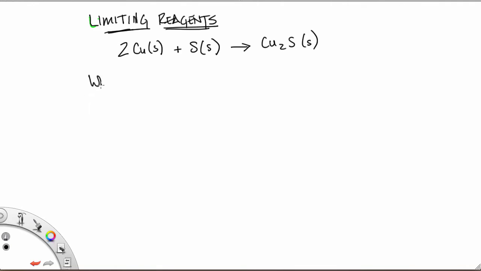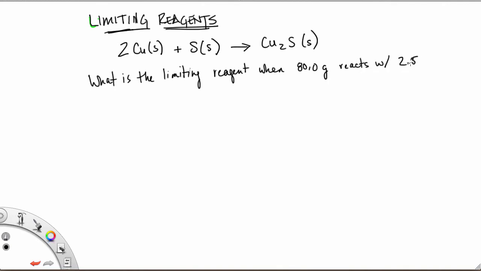So our question is, what is the limiting reagent if we have 80 grams of copper and it reacts with 25.0 grams of sulfur?